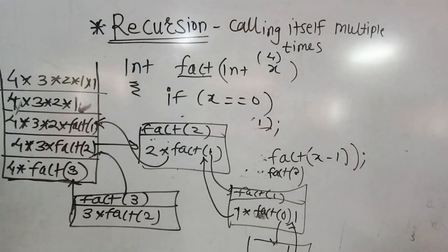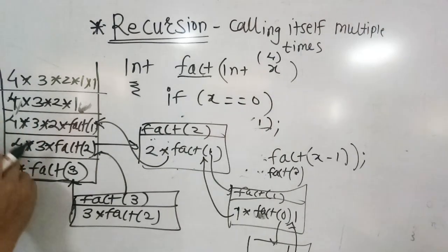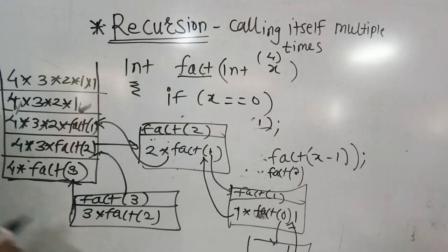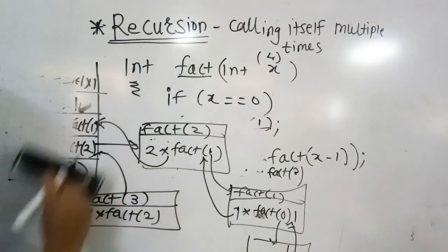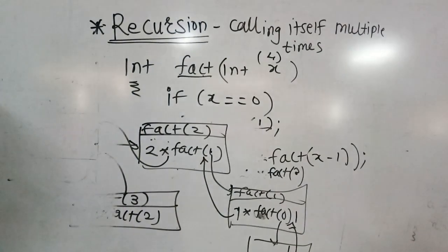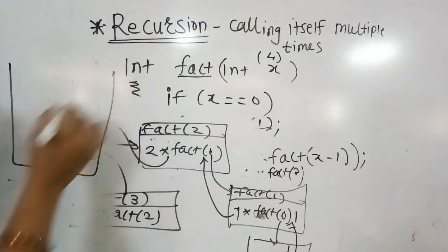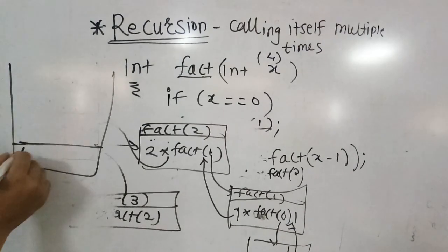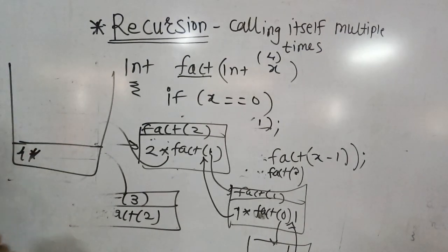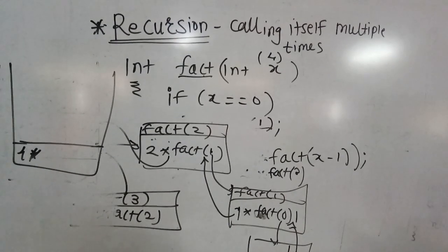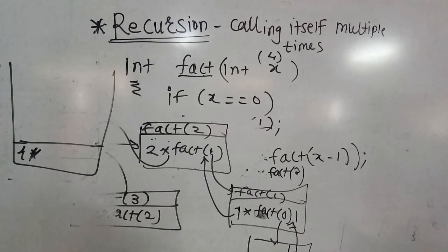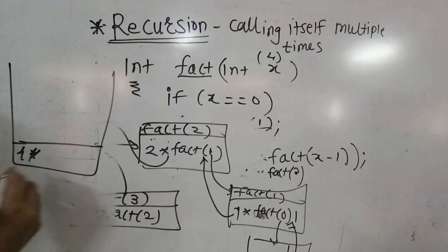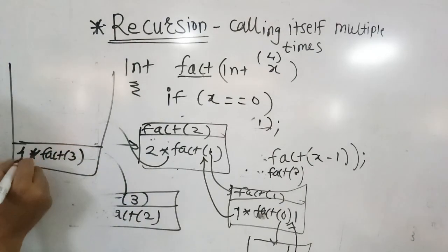So this is the actual mechanism of calculating the values, and at each step a value is calculated. At the first step, it calculates 4 into fact of 3. Fact of 3 is 3 into fact of 2, so it calculates 4 into 3.